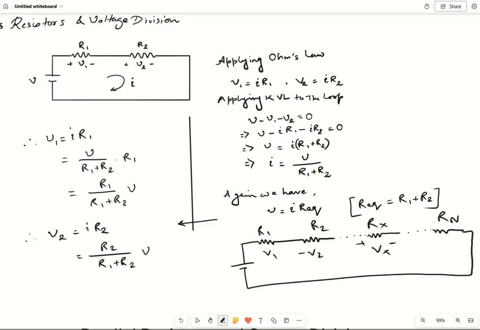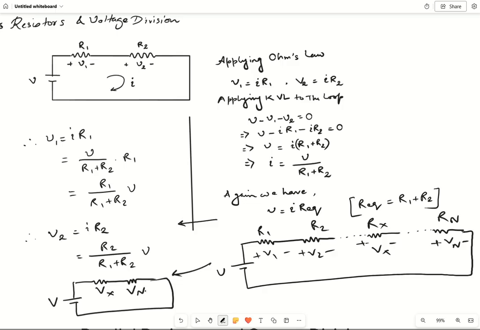This is V1, this is V2, okay, and this is Vn, and the input is V. So according to this, the whole circuit can be converted into a simple circuit containing two resistances, where one will be Vx and the second one will be, suppose, Vn, right? So this is your input V. So as per this formula, what can we write? Let me change the color so that it will be easy to understand.